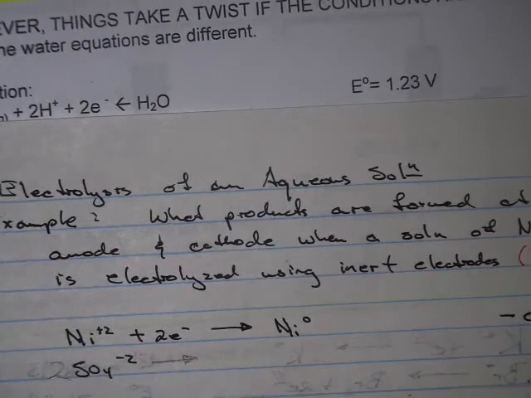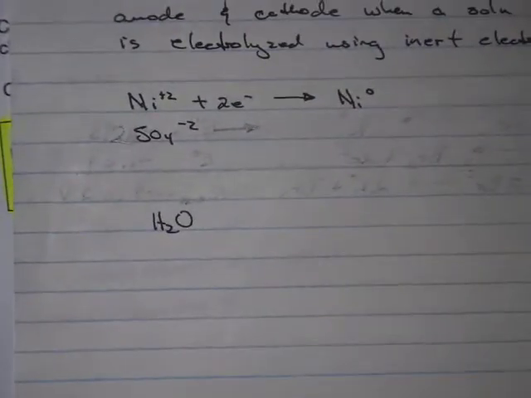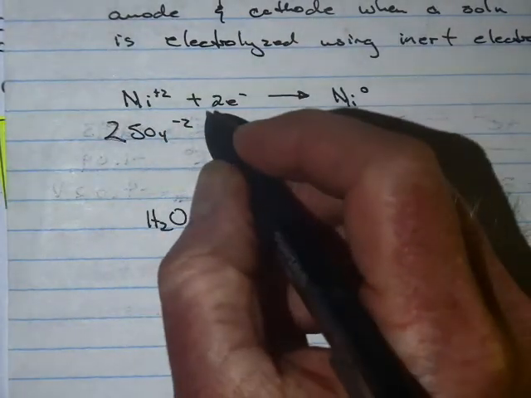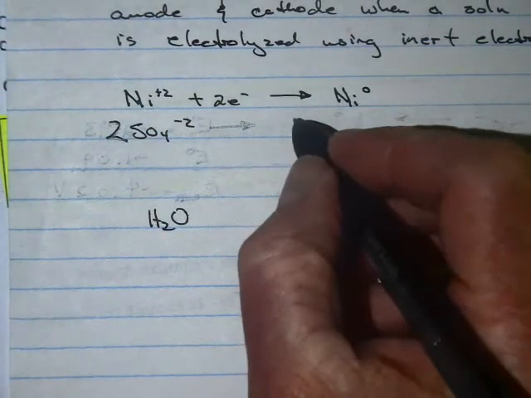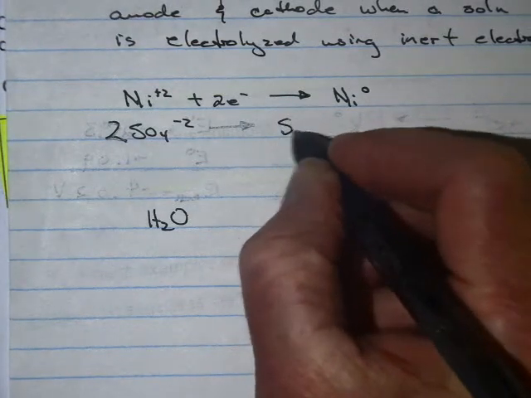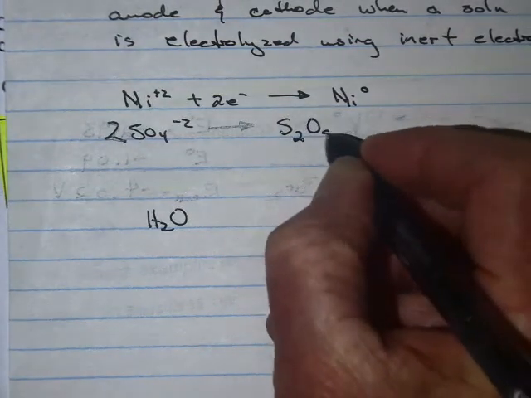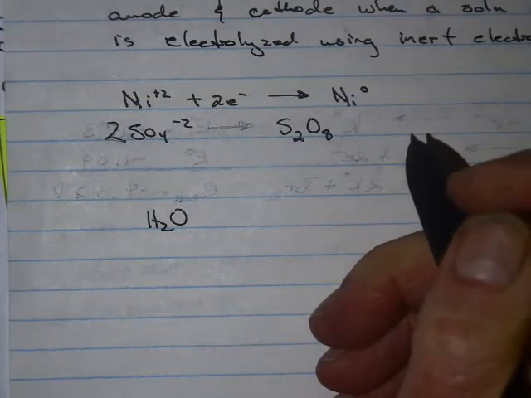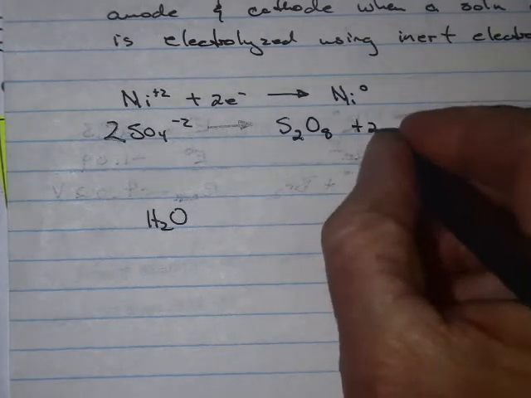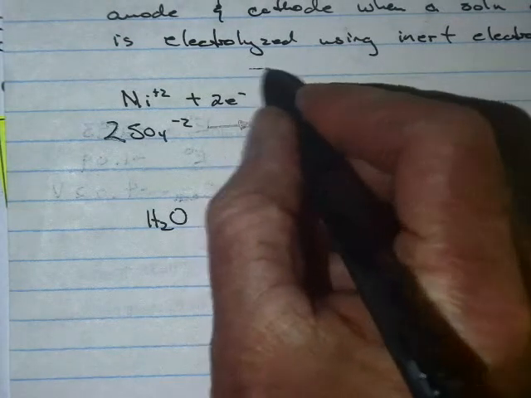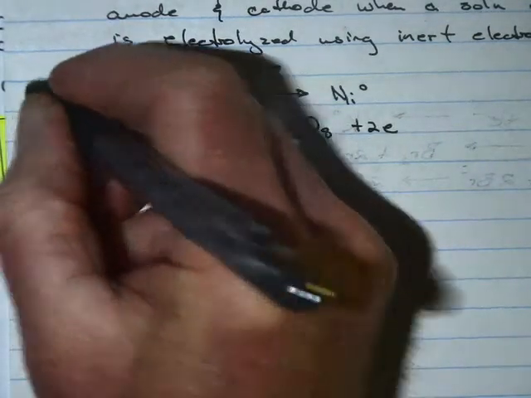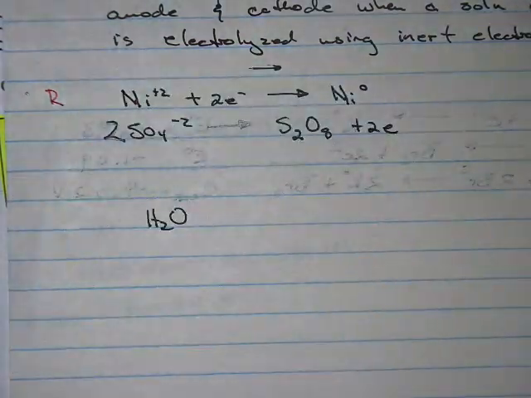2 SO4 2- goes to S2O8 2- plus 2 electrons. So we know this has got to go this way, and this is a reduction reaction, so that's one reduction reaction.